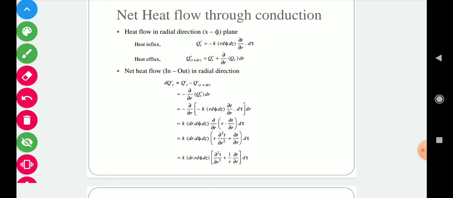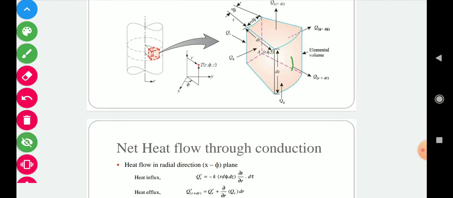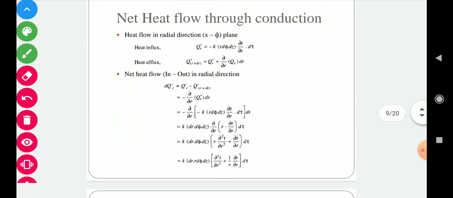Similarly, this one is the heat efflux, meaning the total amount of heat going out from the end face, that is from this face. So this is heat influx and that is heat efflux. The net heat flow will be equal to the difference of these two quantities, in minus out.